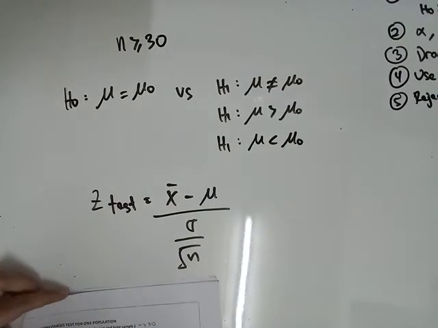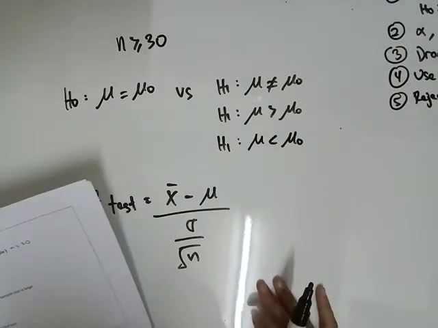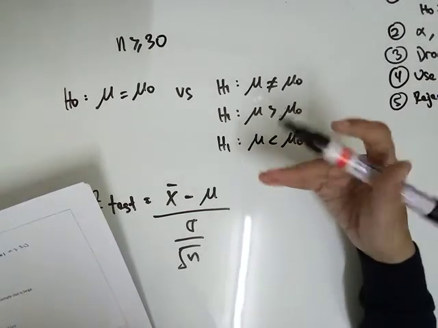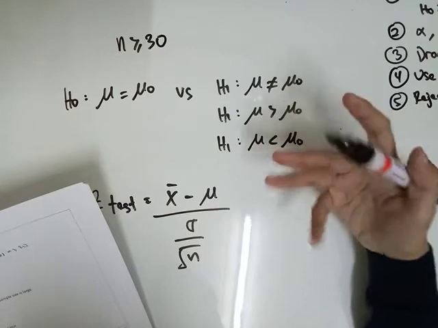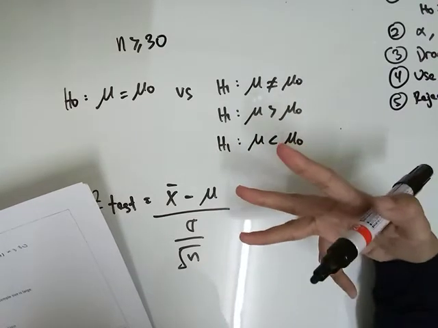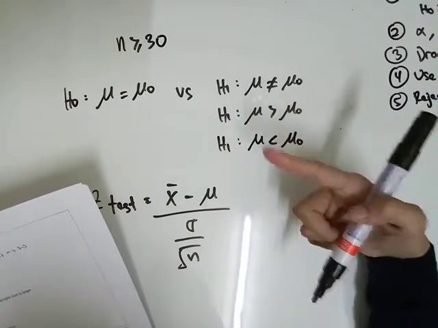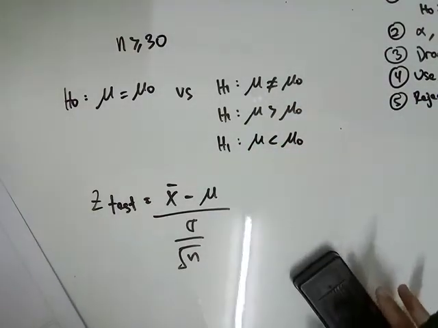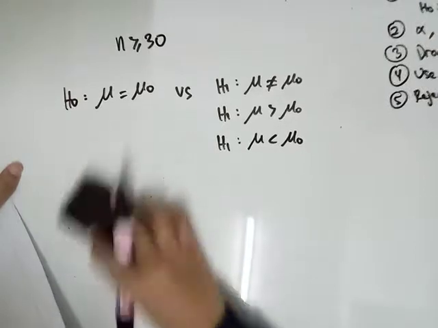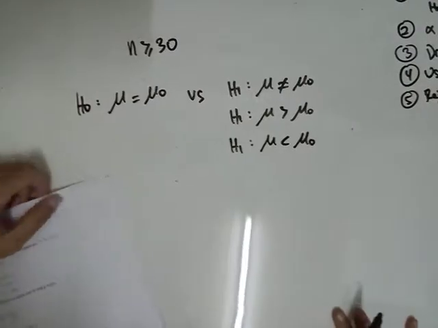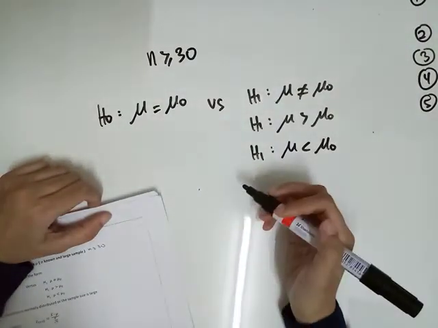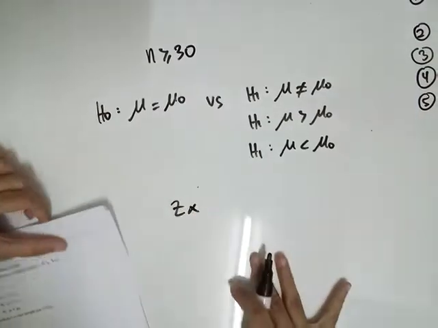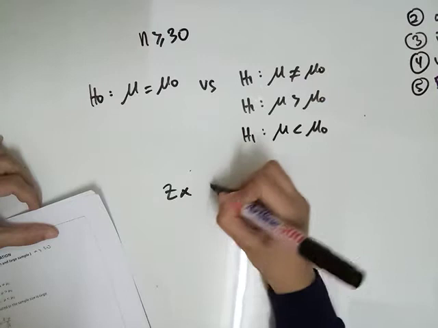Okay, and then we have a critical value. We know there are three types of tail: the right tail, the left tail, and two tail. When we need to test the right tail of the area, the critical value is Z alpha.